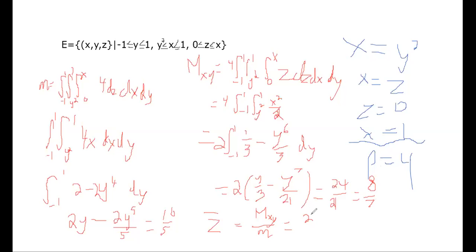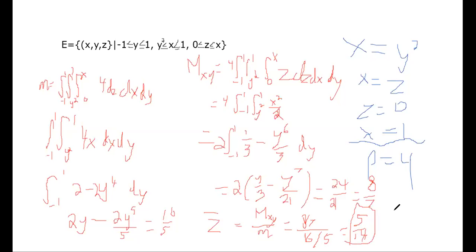And that's going to be, there we go, fix that. This is going to be 8/7 over 16/5, which is the same exact thing as saying that this is going to be 5 over 14.